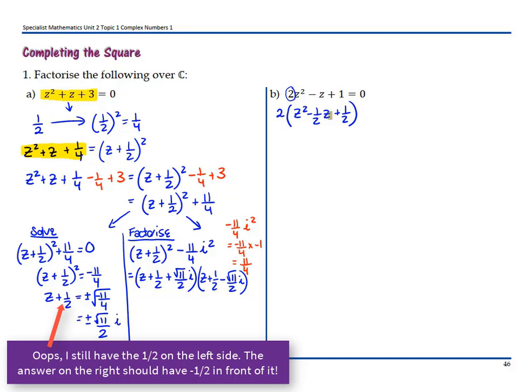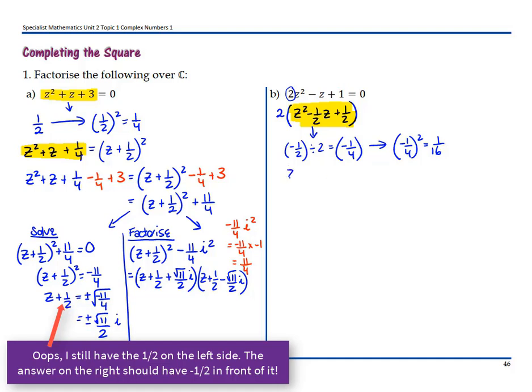And I'm going to complete the square for what's within the brackets. So I've got negative a half, and I divide by 2, so that becomes negative a quarter. And then I have to square that, so negative a quarter all squared is 1 over 16.